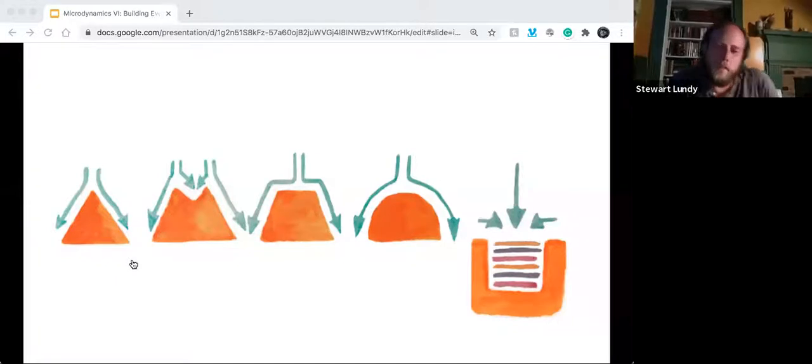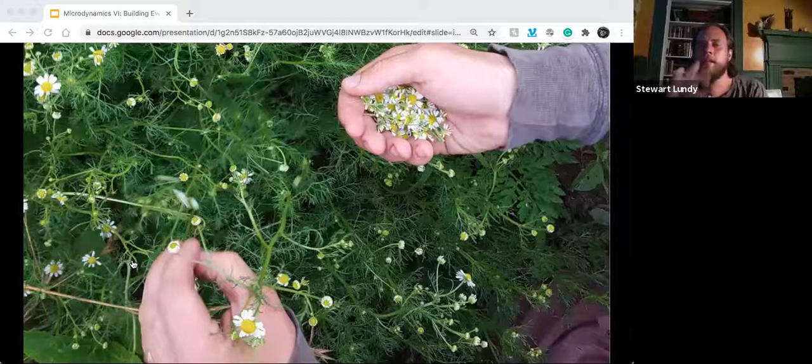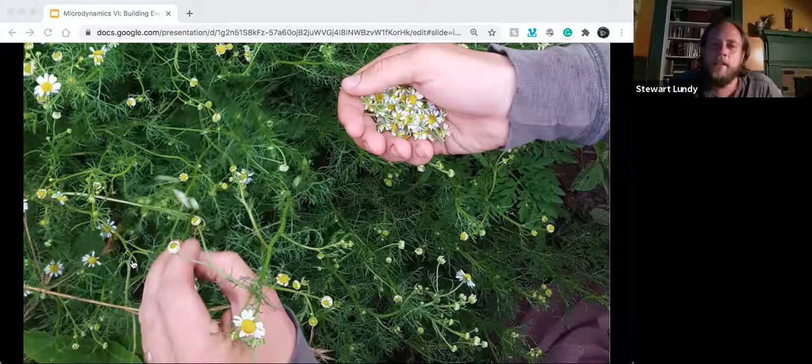So the first one we're going to talk about is chamomile. And chamomile is a fascinating plant to put into the compost pile. There's an herbal text that I believe Steiner referenced in putting together the biodynamic agriculture course, which is by W.T. Fernie. It's a 1914 book. I'll read you some of the benefits of chamomile and why you'd want this in your compost pile.